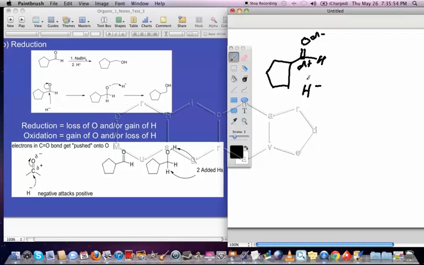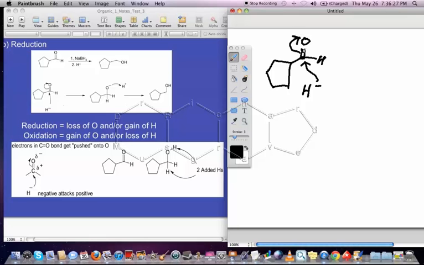Now, when I'm drawing these, I don't have to show the delta pluses and the delta minuses. I'm just showing you those so that you can get an appreciation for why the H minus might be attracted there. Alright, so what we're trying to show is a bond will be created between the H and this C. Now keep in mind, if I just bond the H to that C, I'm going to end up with 5 bonds on that carbon atom. So I have no choice but to push 2 electrons out of the double bond and onto the oxygen.